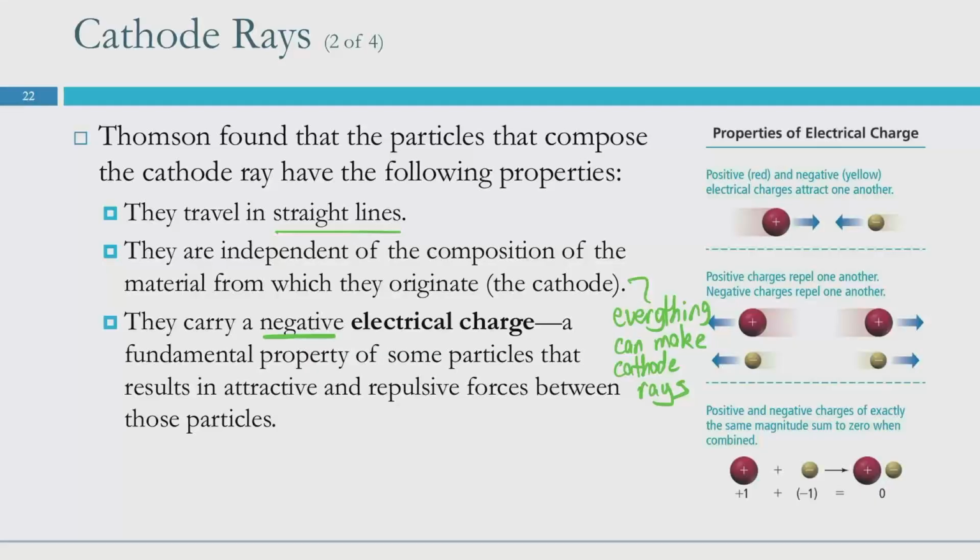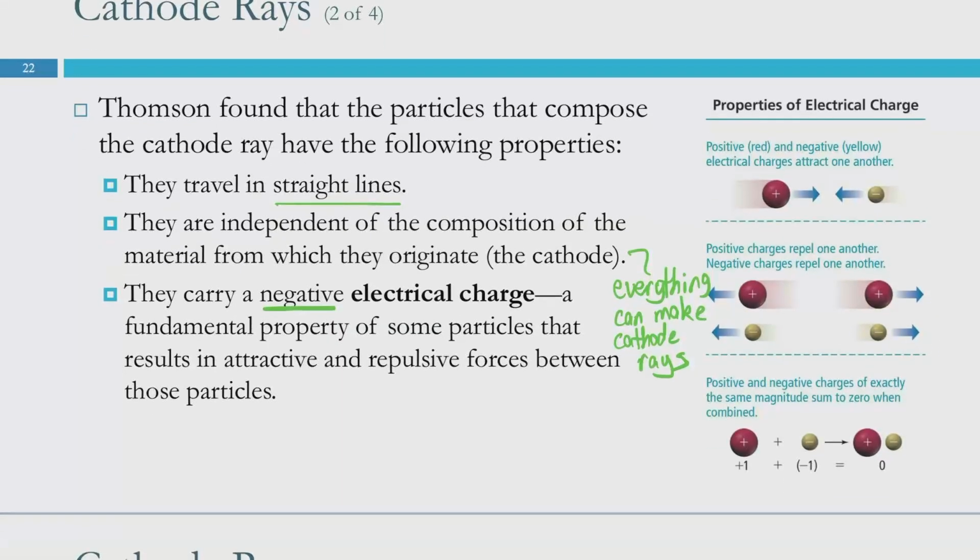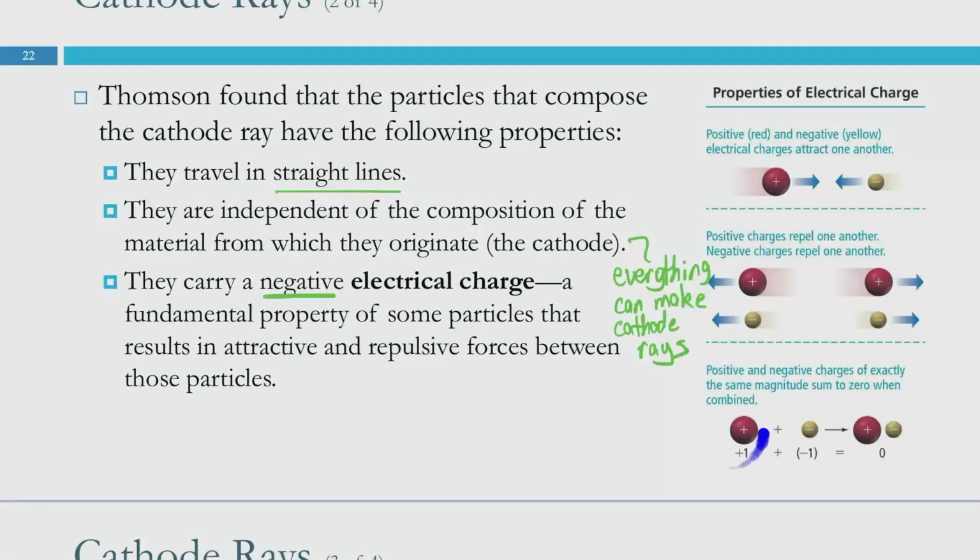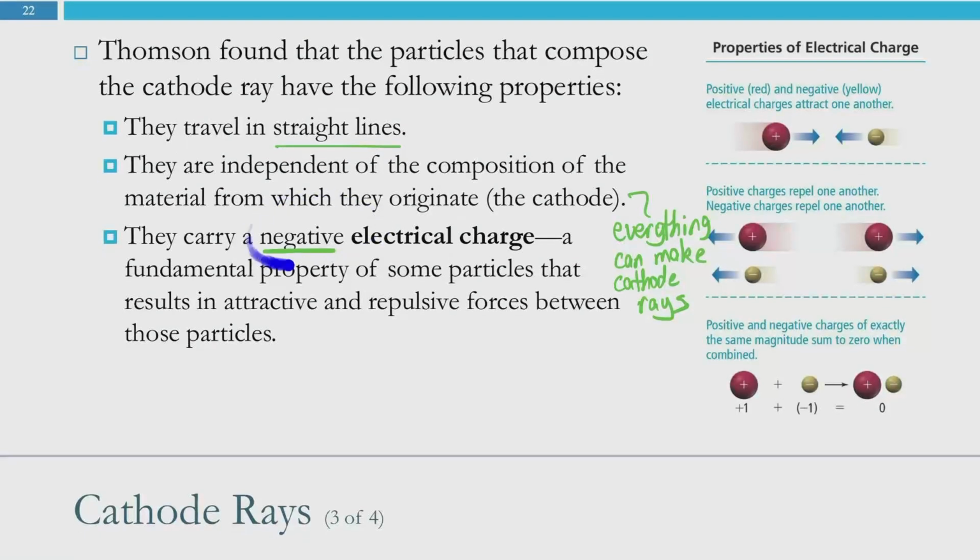That's true for these. Positive charges will repel other positive charges. Negative charges will repel other negative charges. And for positive and negative charges on this scale, they can cancel out. This is also actually true with magnets. You can also get magnets to cancel out if you get the positives and negatives lined up just right, which is kind of neat.